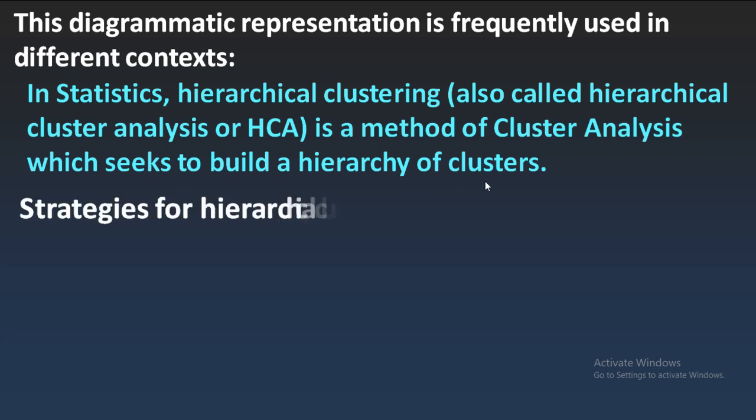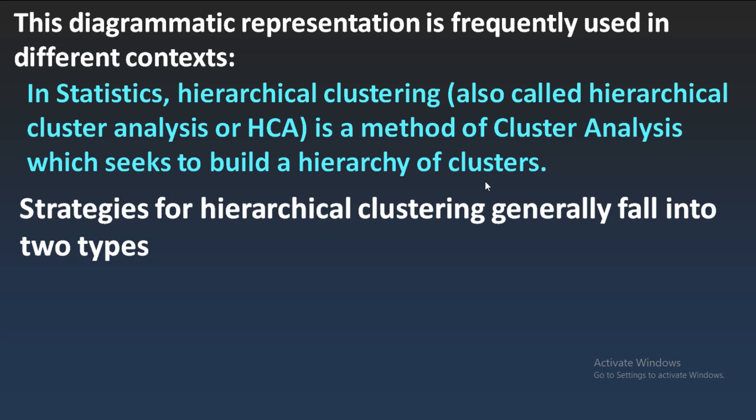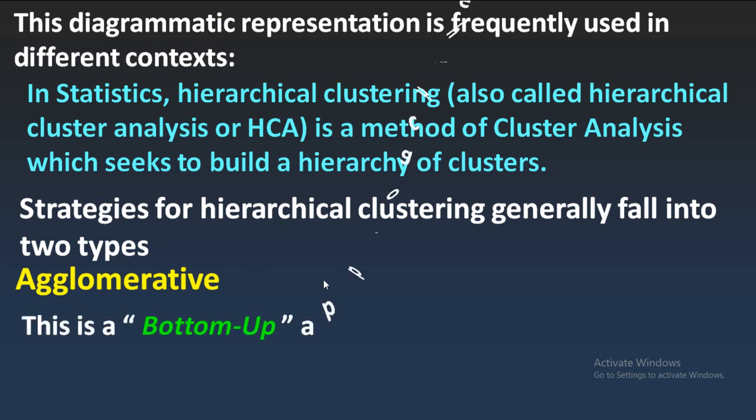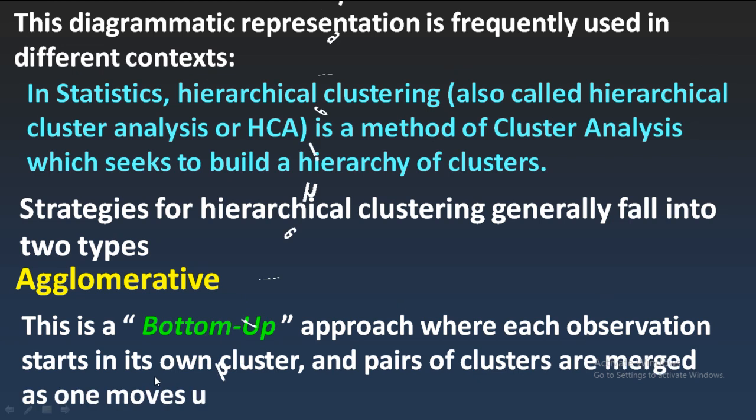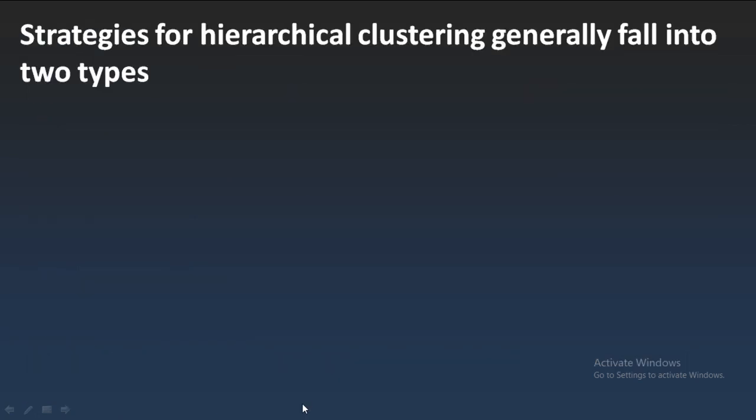Strategies for hierarchical clustering generally fall into two types. One is agglomerative. This is a bottom-up approach where each observation starts in its own cluster and pairs of clusters are merged as one moves up the hierarchy. And the second one is divisive.